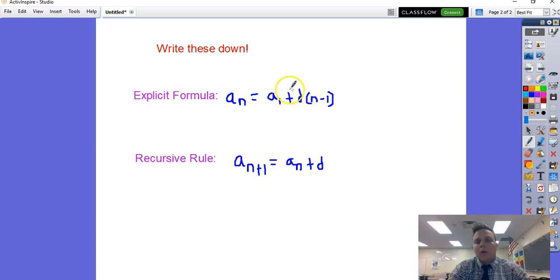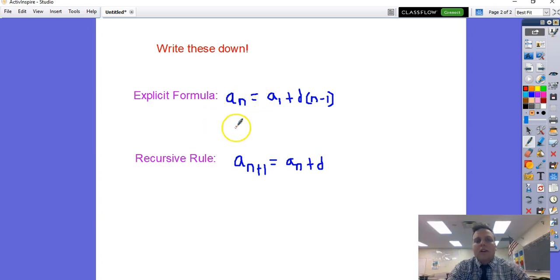With those two pieces of information, I can write a formula that will allow me to find any term. My recursive rule only allows me to find the next term from the prior term. You have to know the prior term, and you add or subtract the common difference, depending on what d is, and that brings you to your next term. We'll do some examples of that.